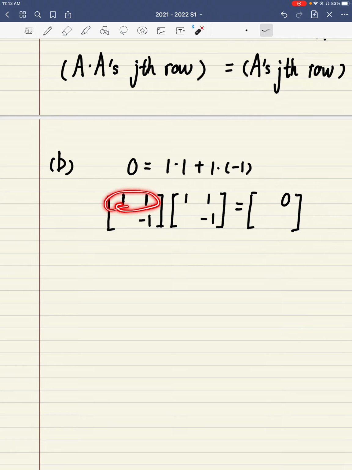The second entry is 0. Here, if this is also negative 1, let's see what will happen. 1, 1 times 1, negative 1, the result is 0. Negative 1 times 1, negative 1, the result is 0 as well.